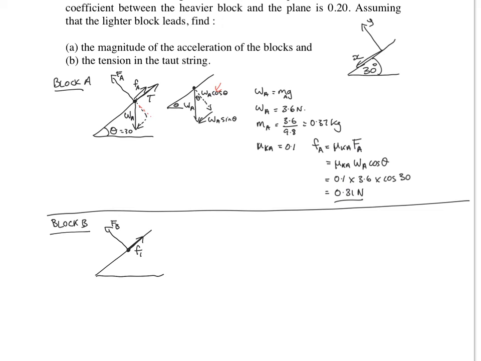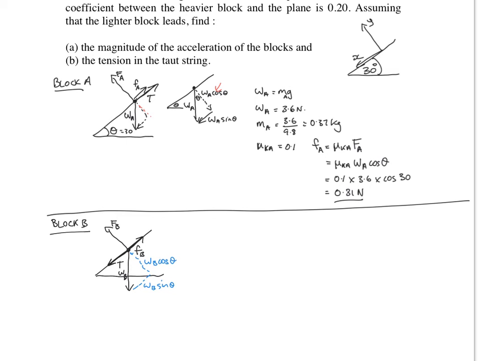Call that little FB. In this case, you've got tension acting down, back towards the lower block. That's tension. And then we have WB acting downwards this way. So again, we're going to have that component, which is WB cos theta, and this component, which is WB sine theta.